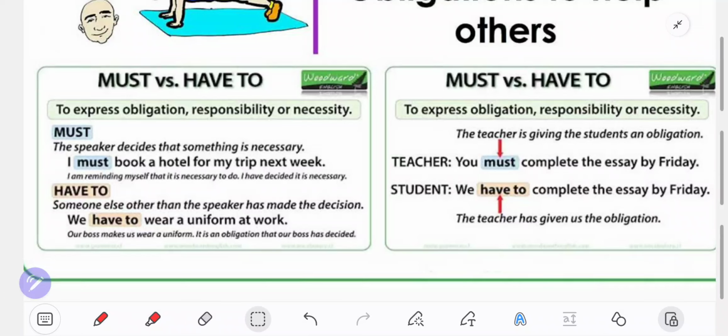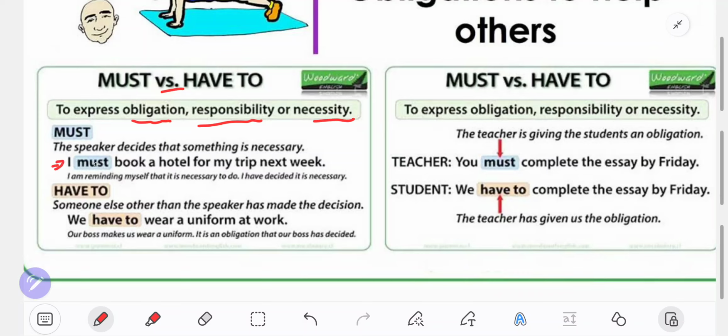For detail on the difference between must and have to, you can see this table, must versus have to, to express obligation, responsibility, necessity. Must, for example, you can see in this sentence, the speaker decides that something is necessary. I must book a hotel for my trip next week.